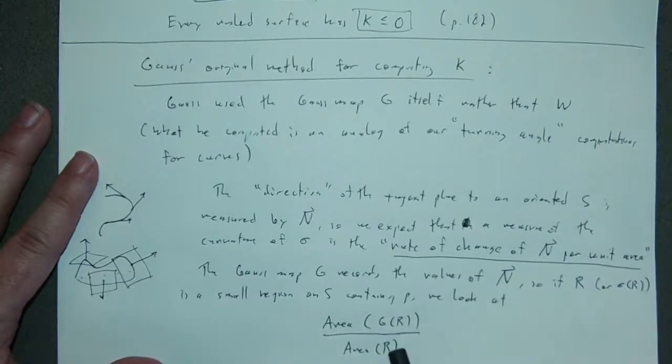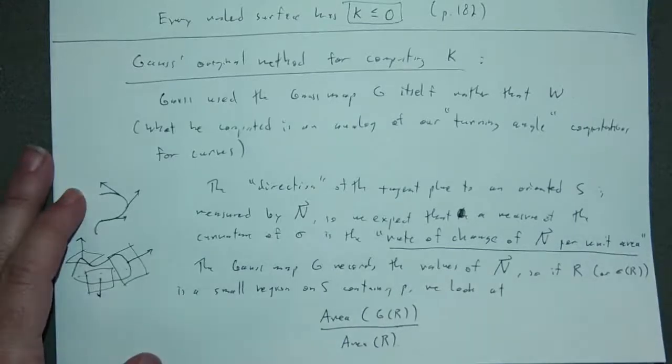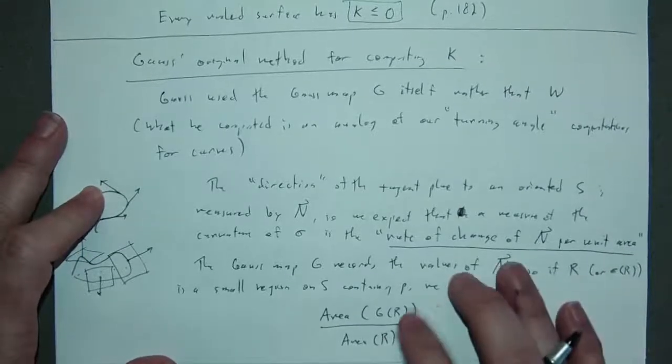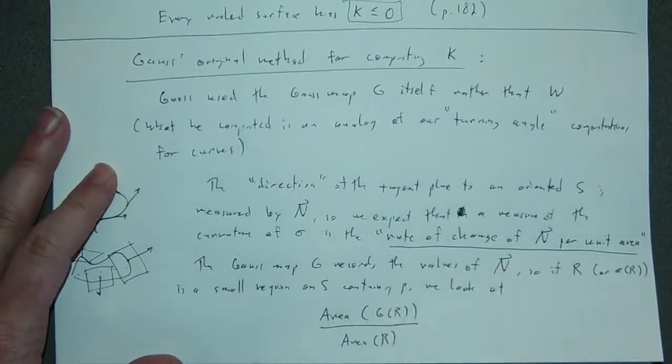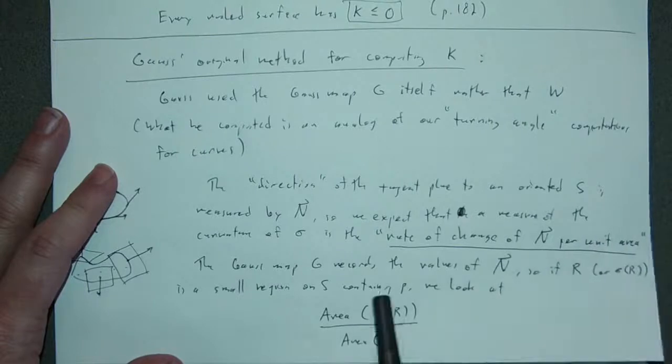Right? This should, in some sense, tell me this underlined quantity here, the rate of change of the normal per unit area. Okay. And then what I want to look at, of course, is, you might say, wait, what does P have to do with this region? Because R is just a region containing P.